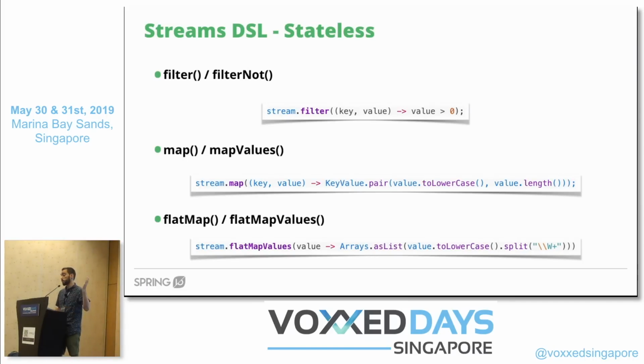Basically, filter will send downstream the record if it matches the predicate. Map will convert a key-value pair into another key-value pair. mapValues is the same, but only maps the value without the key. And flatMap is usually used when you want to create multiple records from a record, so you can produce zero or more records at the end of the day.